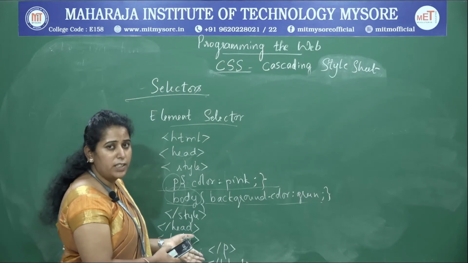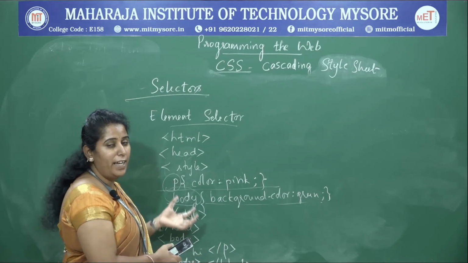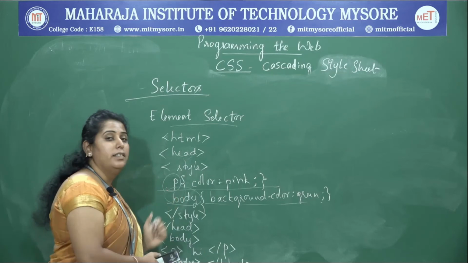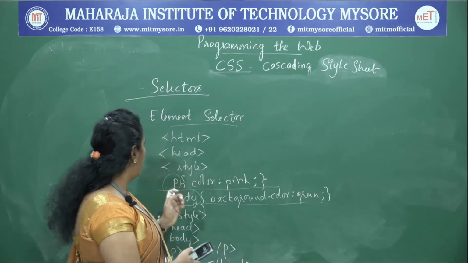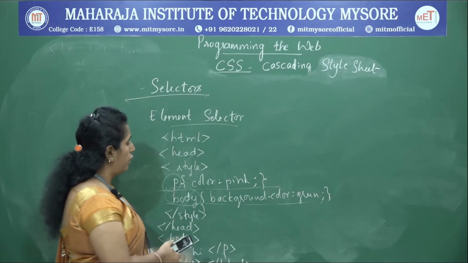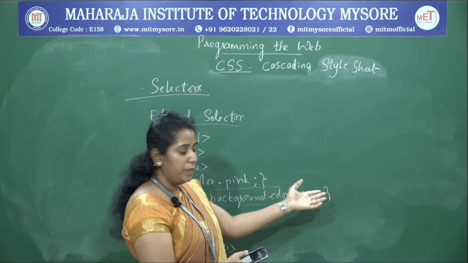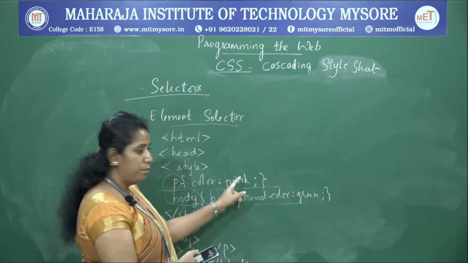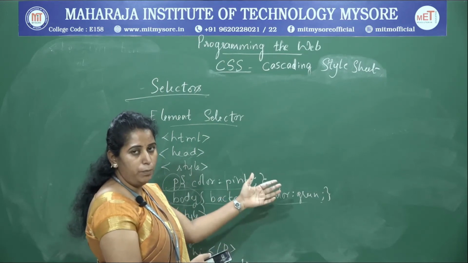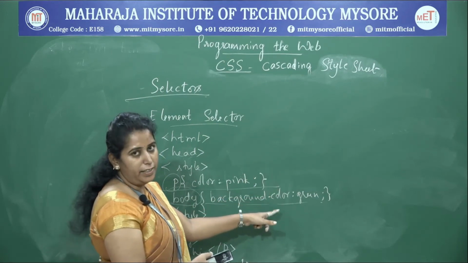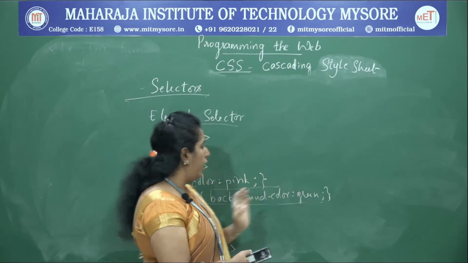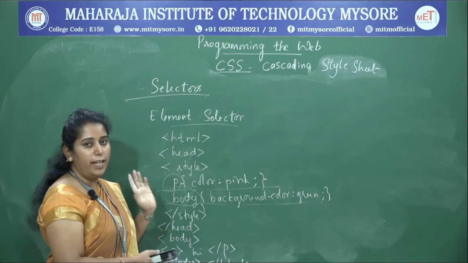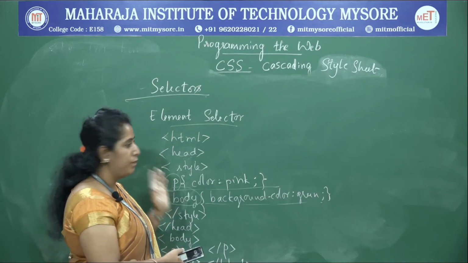I have discussed this so far, but I didn't give it the name element selector. Now once you run this program, it is printing the hi message in pink color and the background of the body is in green color. You can observe the output carefully. Okay, this is an example of element selector.